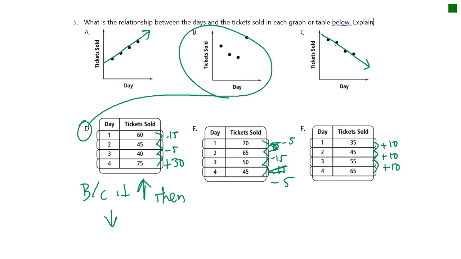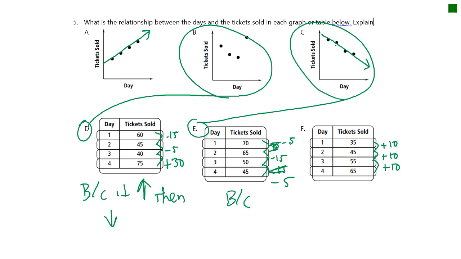What about the next one? I got -5, -15, and -5. Well, it's all decreasing, right? It's all decreasing, but are they constant? They're not constant because it goes from 5 to 15 to 5 again. So this one goes with C. It's decreasing, but not constant.